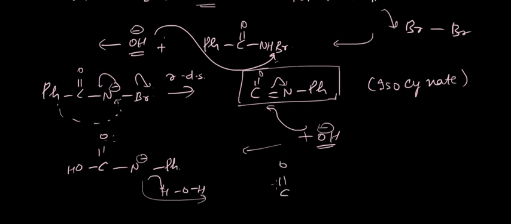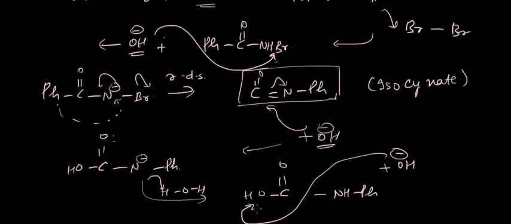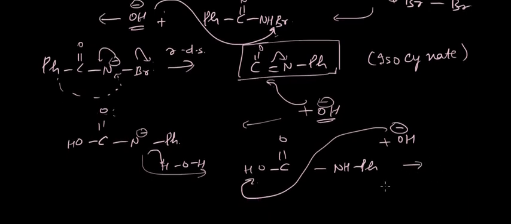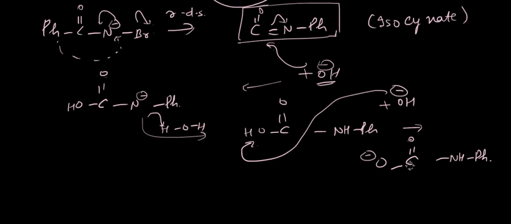I'll write it in a separate step. NHPh, and OH minus would again attack on this acidic hydrogen atom, and we'll be getting O minus here and NHPh. This O minus will then form a double bond with the neighboring carbon atom, and would be released as CO2 gas.